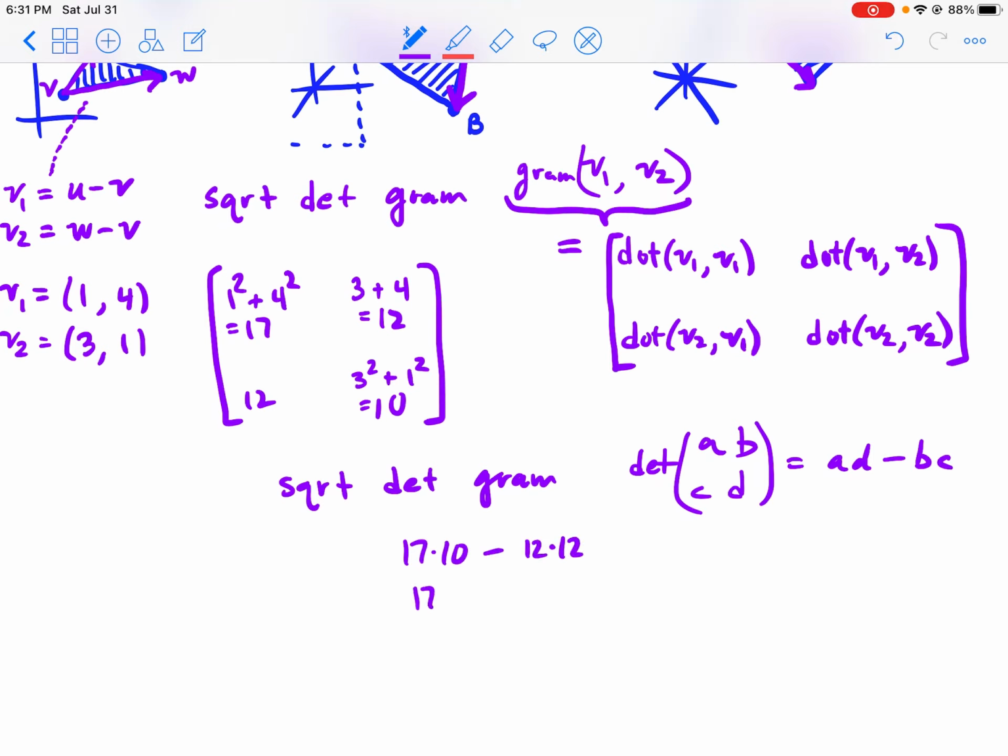Okay, 170 minus 144. Okay, 26. So that is the determinant of the Gram matrix. And so I just take the square root.